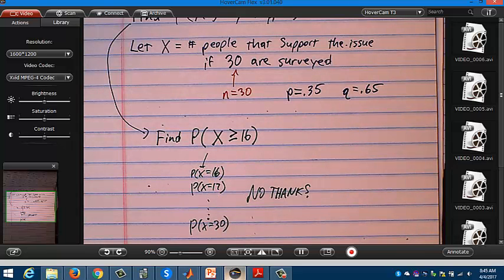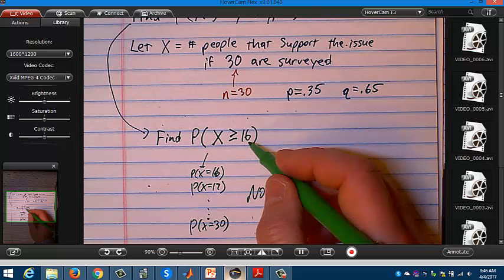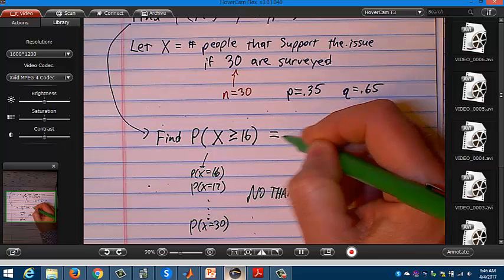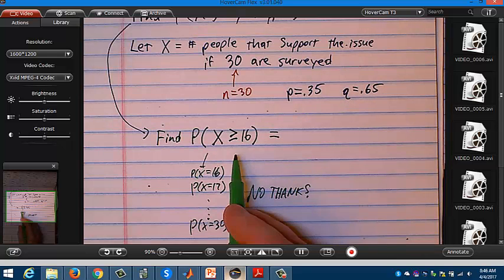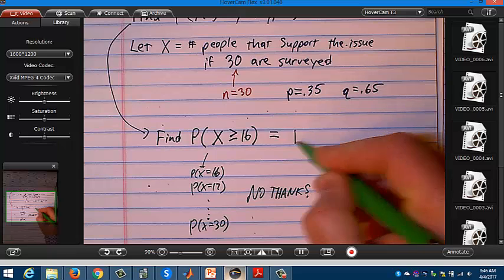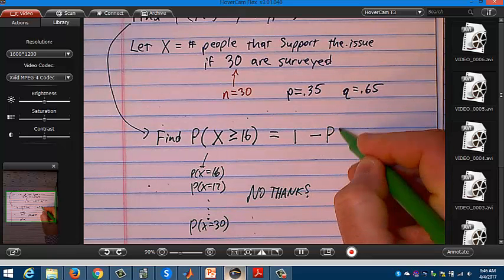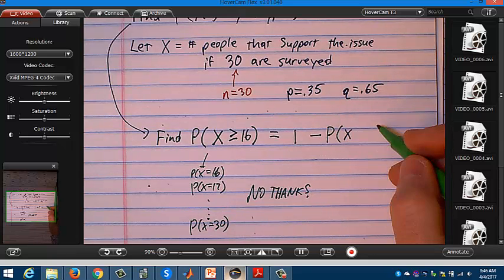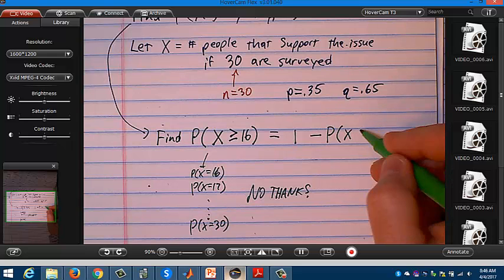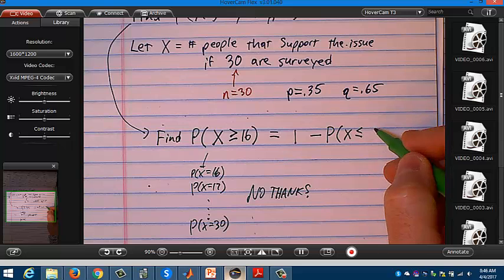So what do we do? Instead, I use the trick of complements. What's the opposite of X being bigger than or equal to 16? You could say that this probability is going to be 1 minus the probability that X is what? Less than or equal to 15.